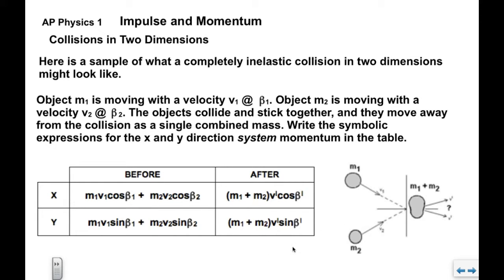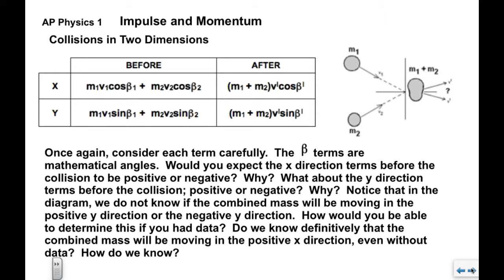Here's my table. Now, we want to consider each term carefully. We know that the beta terms are mathematical angles. Now, when we look at the x direction terms before the collision, we've got m1 v1.